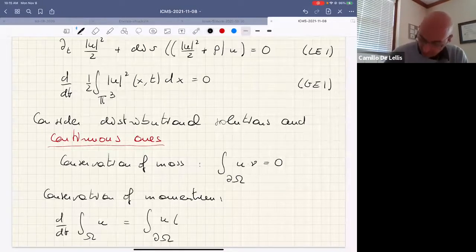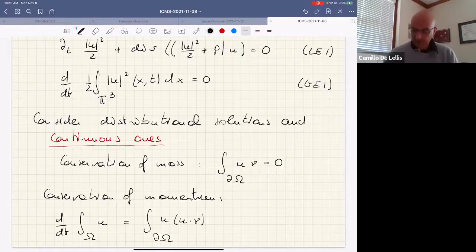the amount of momentum which is carried. So the rate of change of the momentum is equal to the amount of momentum which is escaping the boundary of your fluid element, omega, and the force which is exerted by the outside pressure.